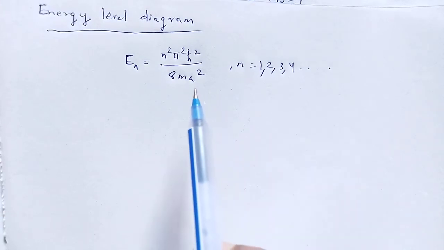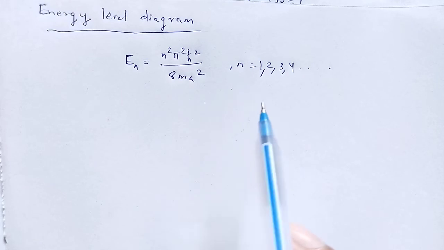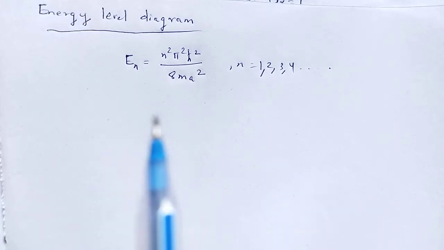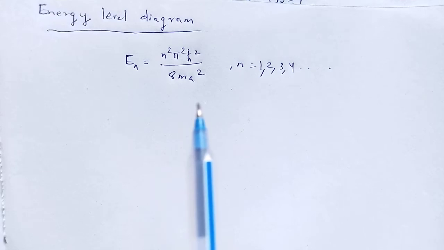This equation shows a particle confined in a box can't have any energy but certain permitted values.